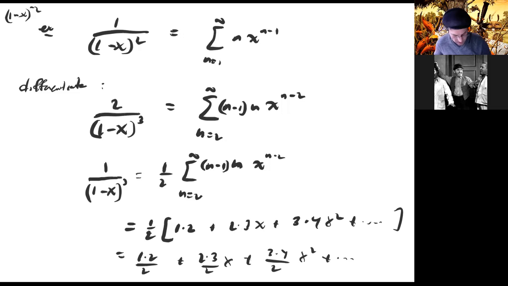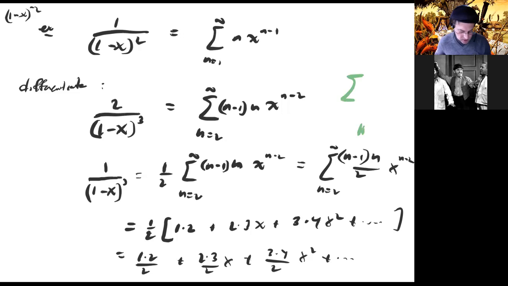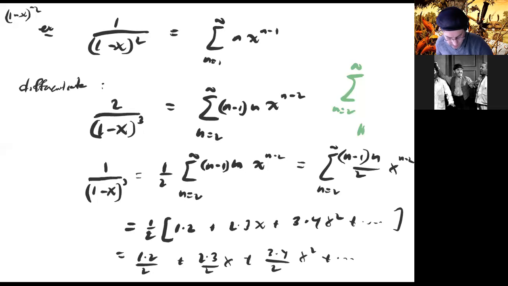Or if you want to write it in sigma notation, this is n minus 1 times n over 2 times x to the n minus 2, going from 2 to infinity. And it's even prettier to write it in terms of a binomial coefficient, because n minus 1 times n over 2, if you know binomial coefficients, is the binomial coefficient n choose 2, times x to the n minus 2.